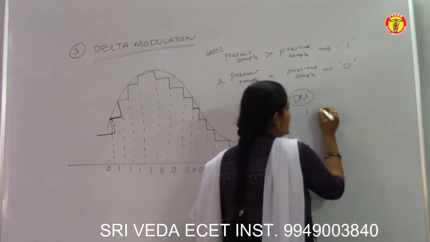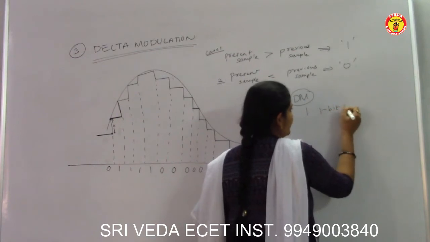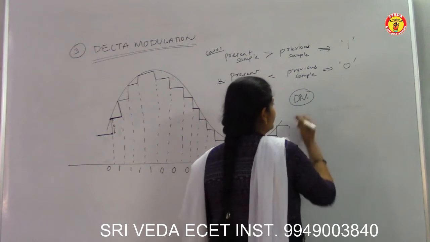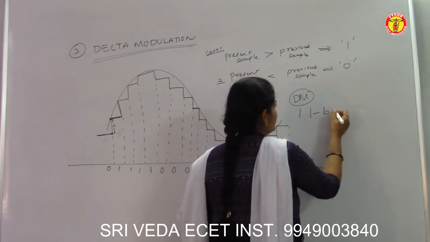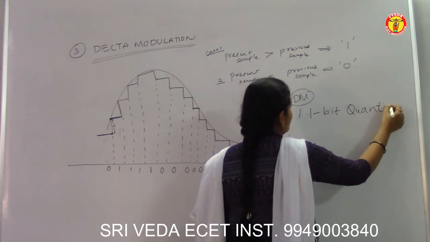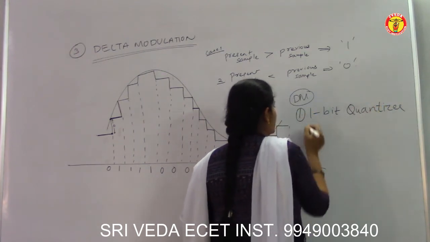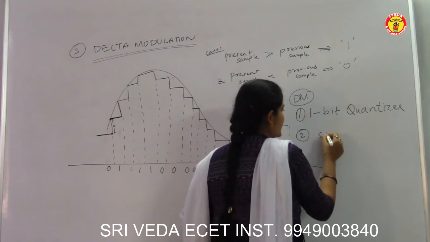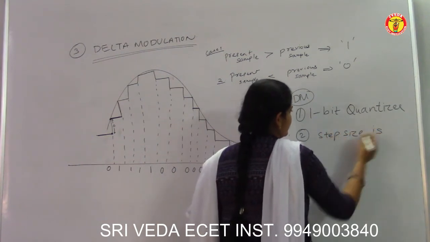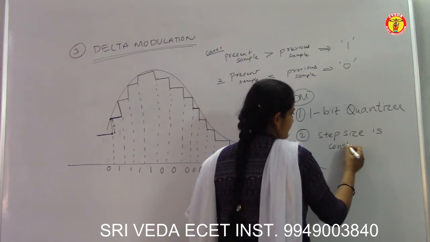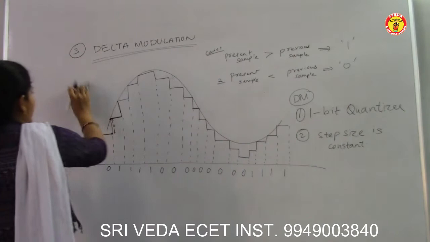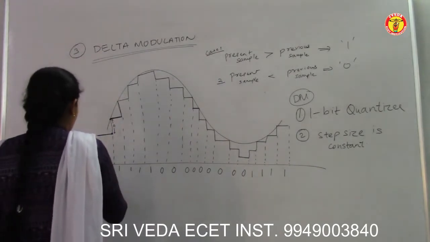First of all, it is a one-bit quantizer. And the second point is the step size is constant. These are the two points we have here.